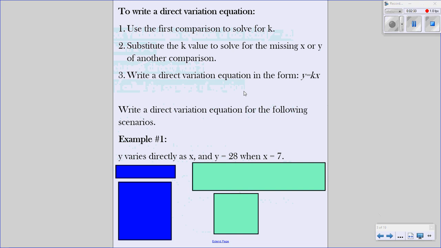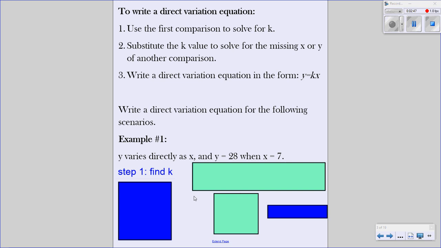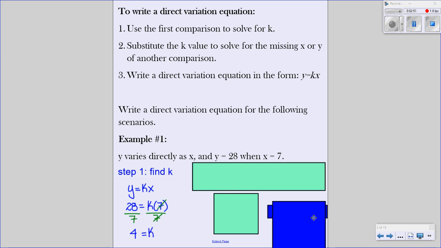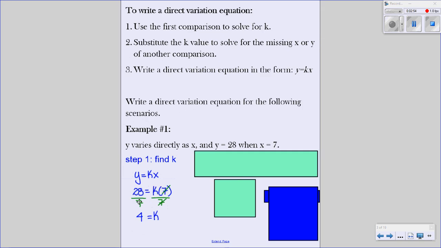So now, write a direct variation equation for the following scenario. We have an example. It says y varies directly as x, and y equals 28 when x equals 7. The first thing you do is find k. So you use what they gave you. You find k, so see the work here. You found that 4 is equal to k.